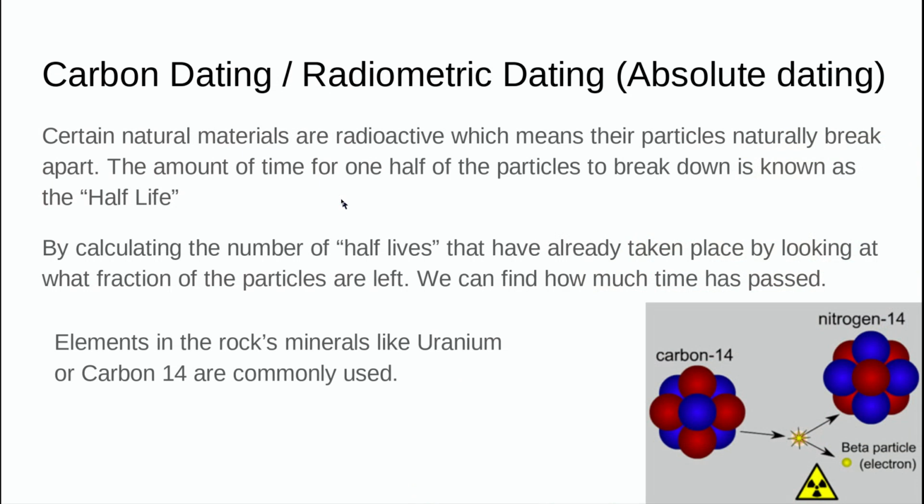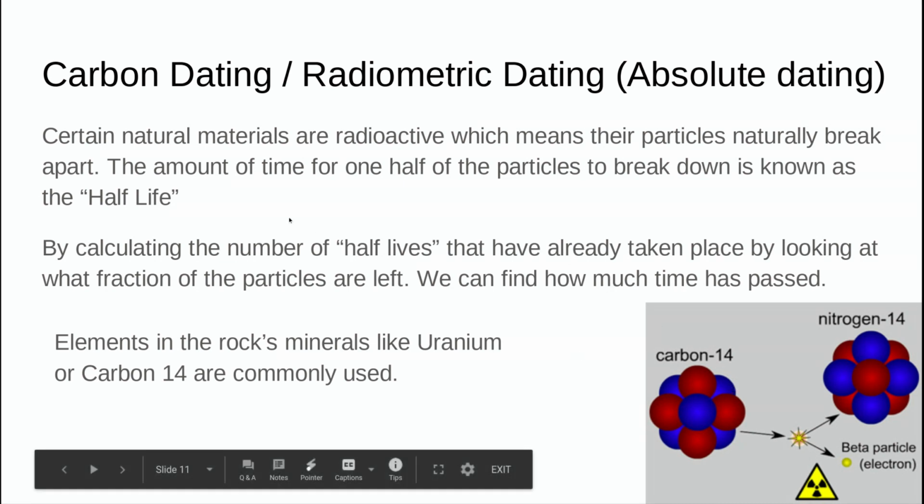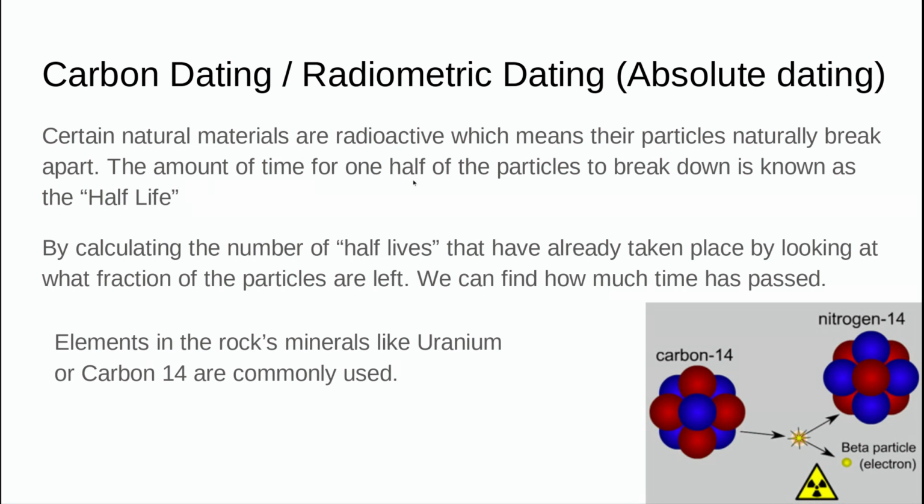Absolute dating, however, is done through radiometric dating. In other words, this is radioactive materials that are breaking down over time. So when we talk about, say, uranium slowly being unstable and spitting out radiation and particles as it decays, as it breaks down, we can actually measure the length of time that it takes for that particle to break down. And so we can actually measure its half-lives. And as uranium breaks down, as carbon breaks down, as certain isotopes of unstable materials decay, we can measure the amount of decay it has and say it's this old.